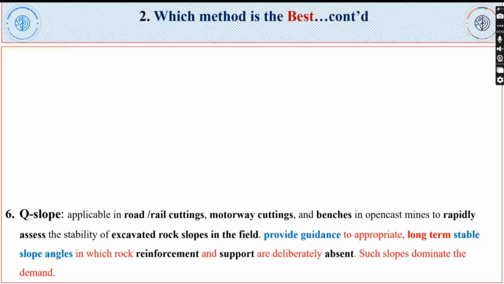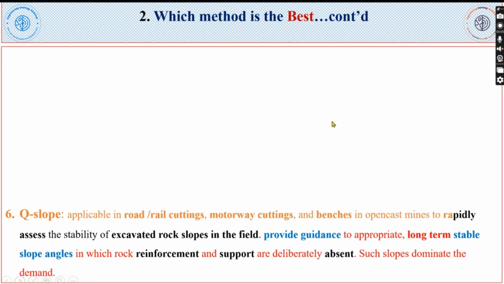They don't indicate the long-term stable slope angles, and they don't provide guidance on determining these slope angles where reinforcement and supports are deliberately absent. The 5 methods discussed above provide support systems and reinforcement systems.